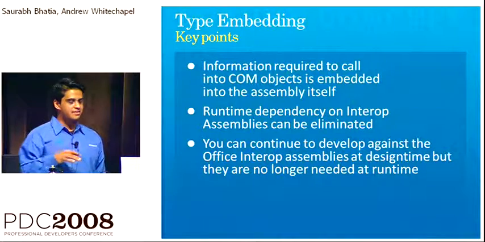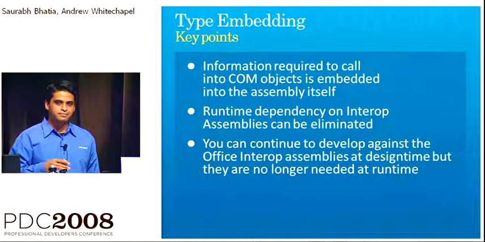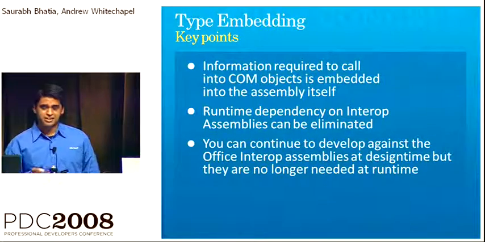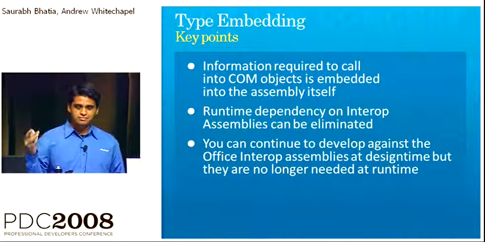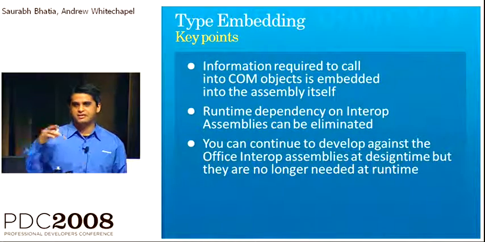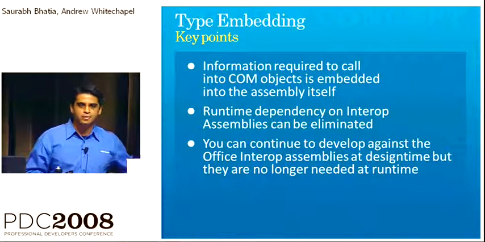Essentially, we've eliminated the runtime dependency on interop assemblies altogether, but we still have the design-time benefits. You can continue to use your primary interop assemblies at design time in VS. It's just that at runtime, you don't need them anymore.